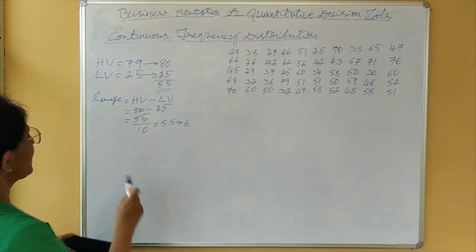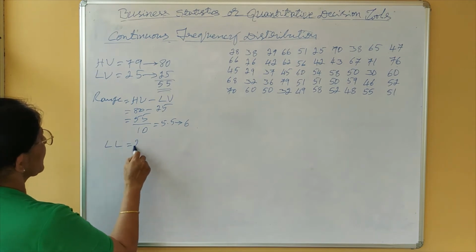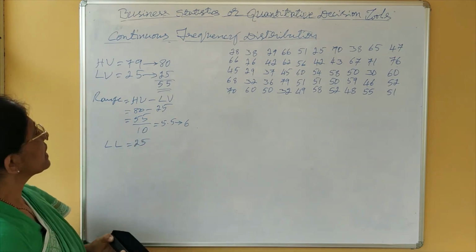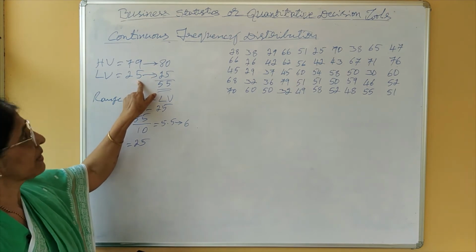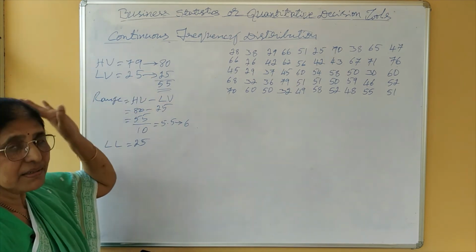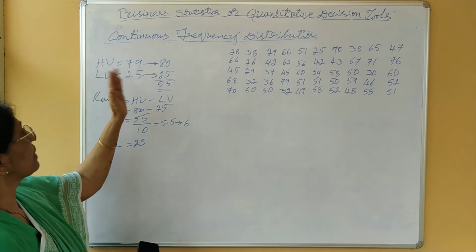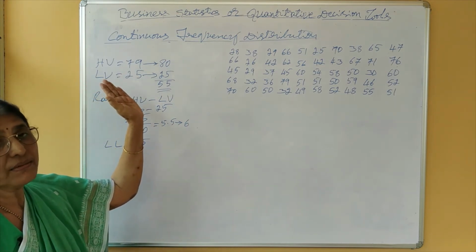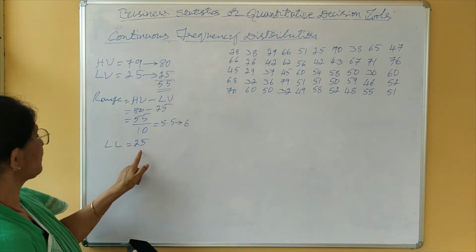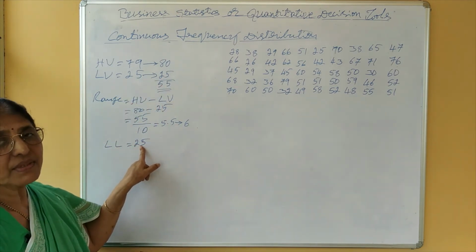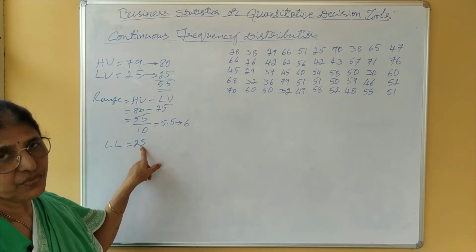Therefore, lower limit of the first class we may take as 25. If it was 24 or 23, 21, in that case what we have to do? We have to take the lower limit as 20. We cannot take 25. Now, here lower limit is 25, so we may take lower limit of the first class as 25.